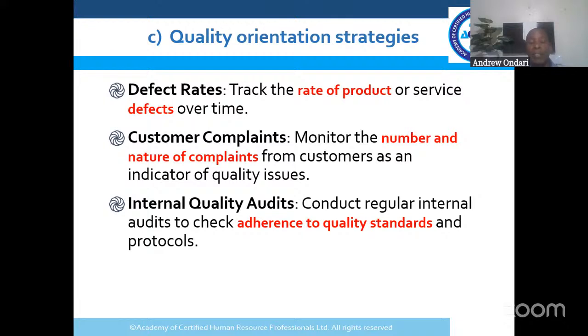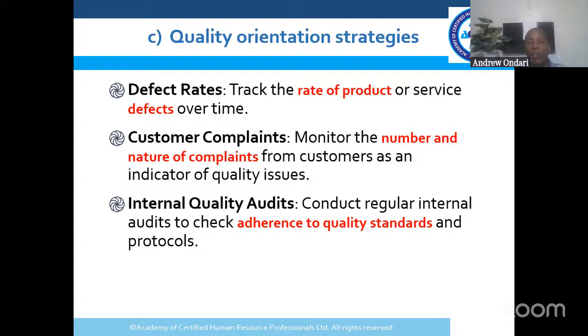This is very important, again, for purposes of continual improvement, the keyword there is continual. With this internal audit, we are able to identify weaknesses in our system, which should be corrected in time.